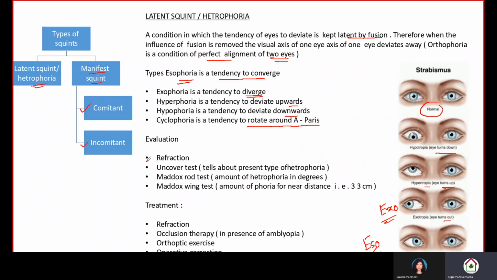The evaluation: refraction test should be done, cover-uncover test which tells about the heterophoria, then Maddox rod test and Maddox wing test should be done. As for the treatment, refraction, occlusion therapy in the presence of amblyopia, orthoptic exercise, operative corrections, and prism correcting for remaining error can be given.